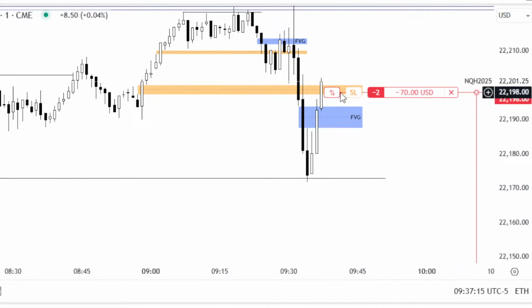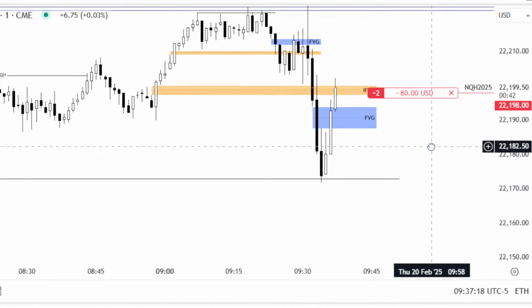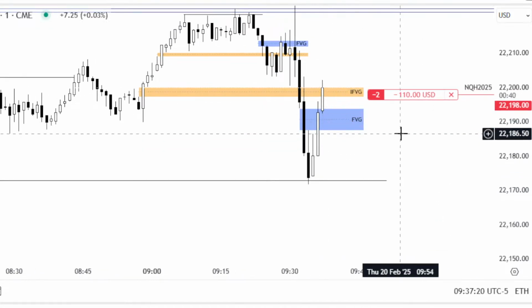But let's see what this IFEG does, it's going to hold price to pull back into this fair value gap range.